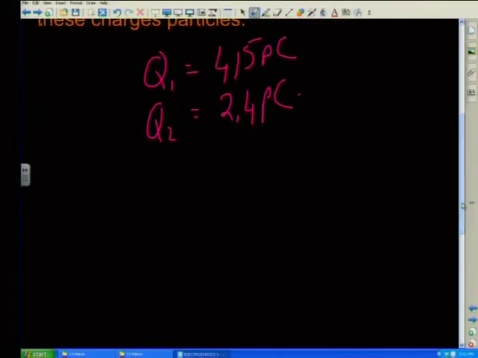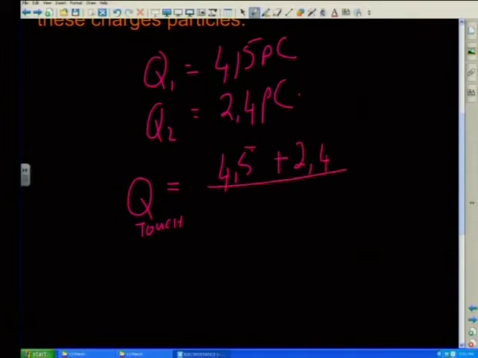All we do is we say now that Q, which is going to be the charge on each one after they've touched, so I'm just going to put here Q touch, is simply going to be the sum of 4,5 picocoulombs plus 2,4, but we have to divide it by 2, because remember guys that you've got two charges and therefore the charges are going to be spread out between both of them, and they will therefore both be equal.